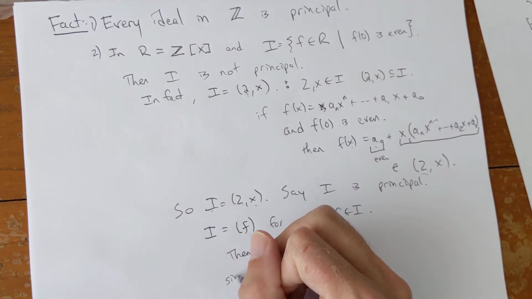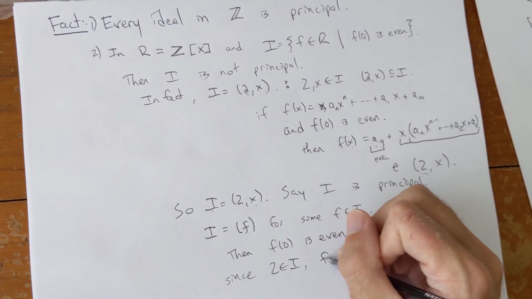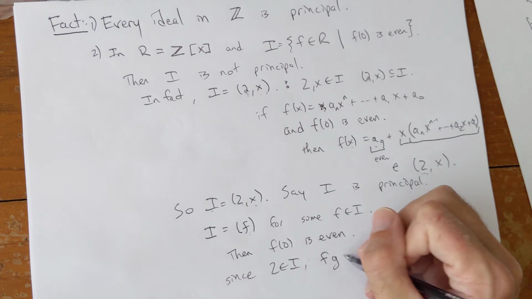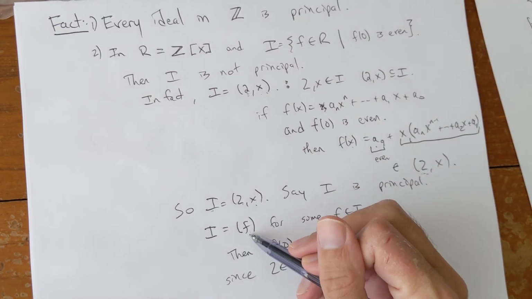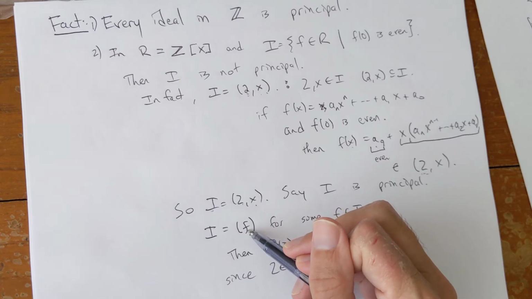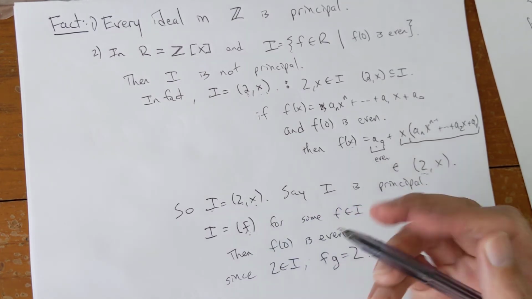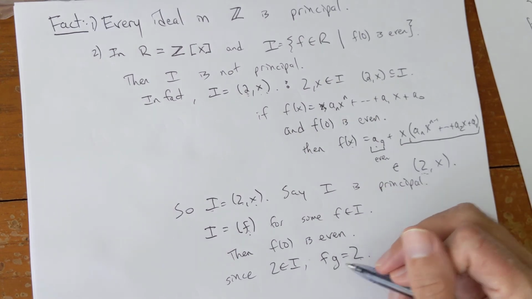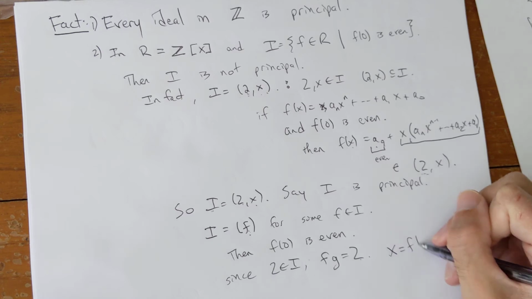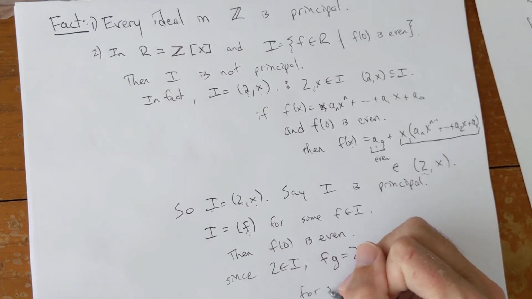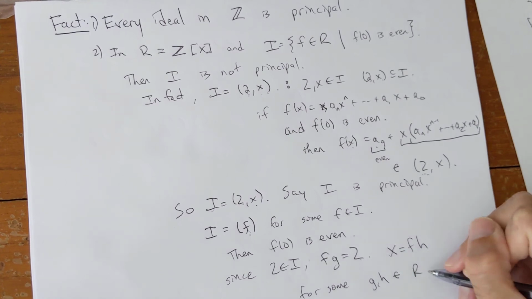Since 2 is in I, we must have that f times g equals 2, because the ideal generated by f is all the things where you take f and multiply it by another polynomial, say g. And we're saying that 2 has to be f times some g. And for the same reason, x has to be f times some h, for some g and h in R.